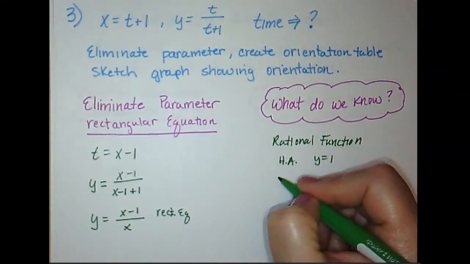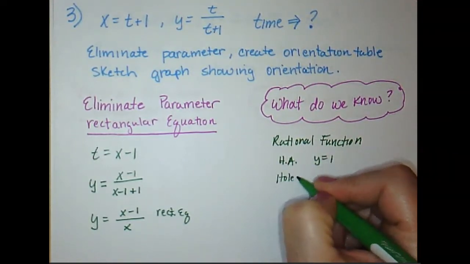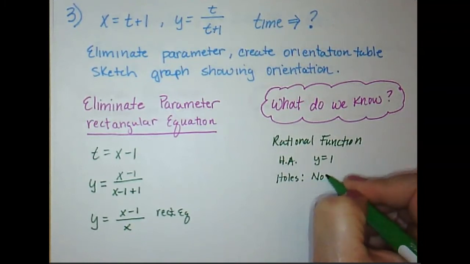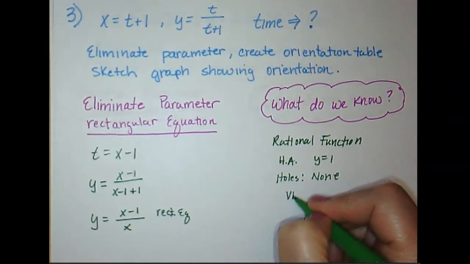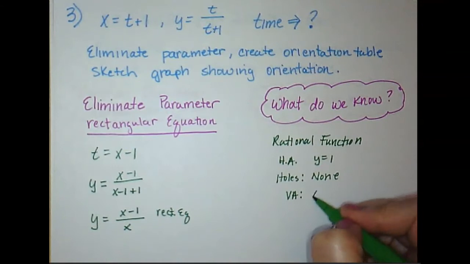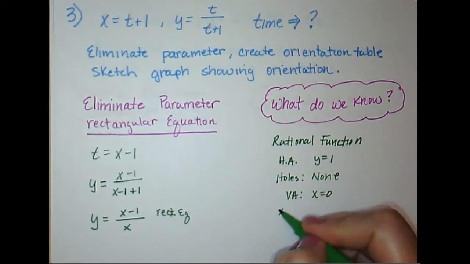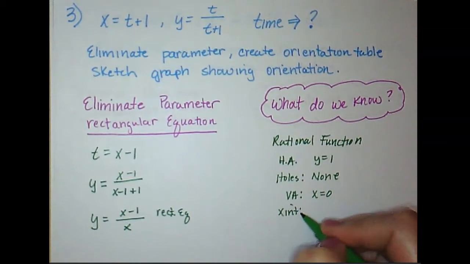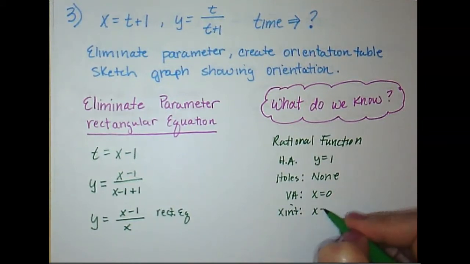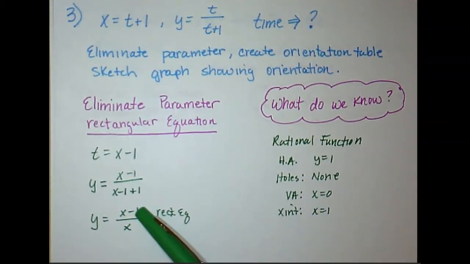I know that it has a vertical asymptote at x equals 0 because since nothing cancels, what's left on the bottom is where the vertical asymptote is. And then we have an x-intercept at x equals 1, because on the top, what would x have to be to make the top become 0?